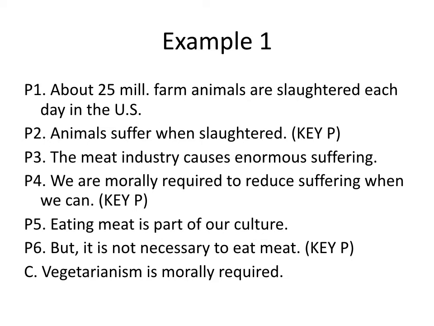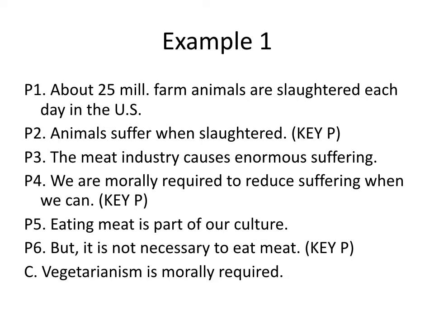So P2, P4, and P6 are necessary. They are key premises of the argument. Let's look at the other ones that I did not mark as key premises. P1 says about 25 million farm animals are slaughtered each day. And I'm not sure about that number, but the thing is, it doesn't really matter. What matters is whether suffering is being caused.